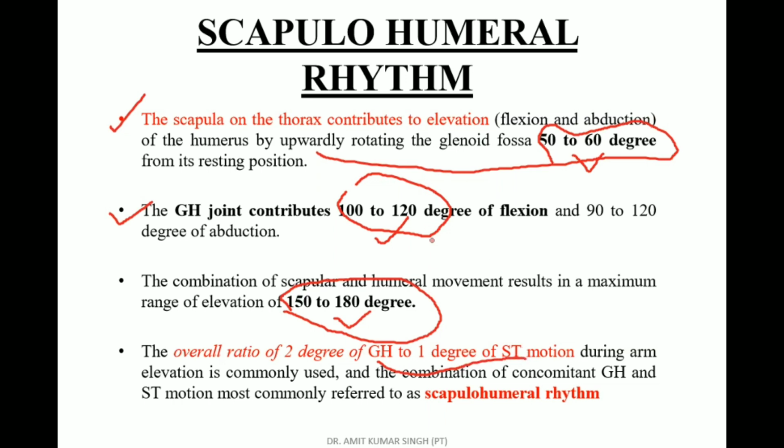For every 2 degree increase in glenohumeral joint movement, there is 1 degree increase in the scapulothoracic. So it is termed a 2:1 ratio. This contribution provided by the glenohumeral and scapulothoracic joints is commonly referred to as scapulohumeral rhythm.